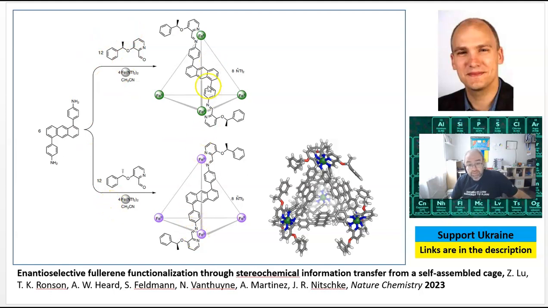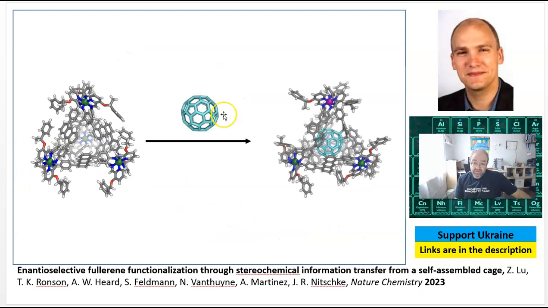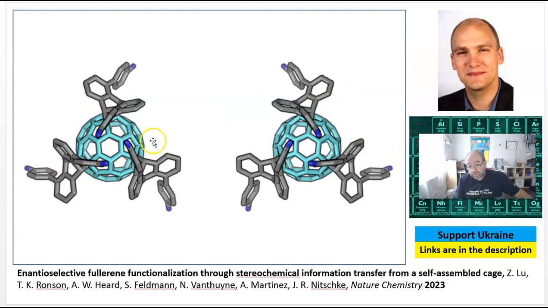These two pyramids are exact mirror reflections of each other. This is an X-ray structure of one of the cages. In the next step, they add fullerene, which goes inside the cage. And on the next step, they react the cage with the fullerene inside, and after removing all the unnecessary parts of the cage, they end up with modified fullerene.